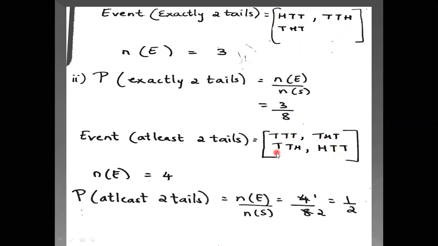So there are 4 possibilities, 2 tails or more. So 4 is the number of events. So the probability of at least 2 tails is the number of events upon the number of sample space, 4 upon 8. When you cancel, 4 ones are 4, 4 twos are 8, so the answer becomes 1 upon 2. 1 upon 2 is the answer.